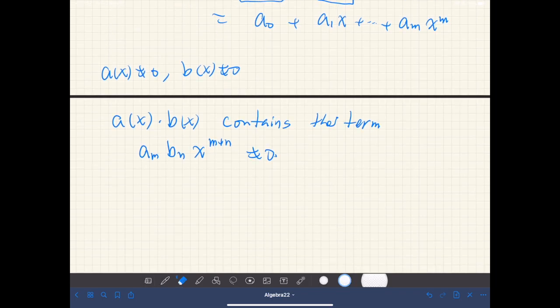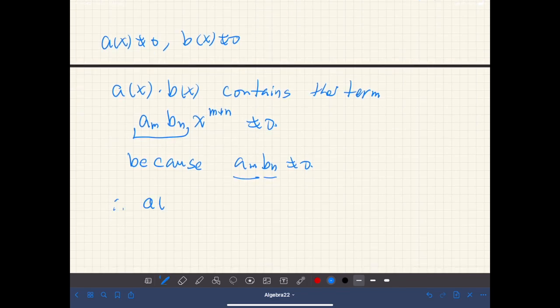This is not 0 because D is a commutative ring with no proper divisors of 0, so am bn is not 0 for any non-zero am and bn. Therefore, a of x times b of x is not 0.